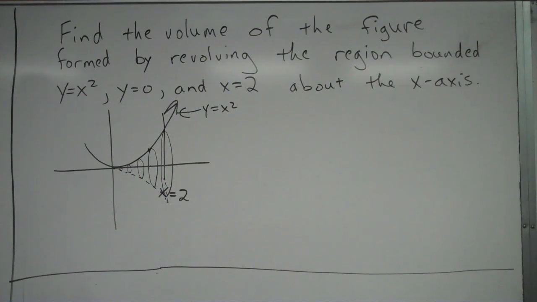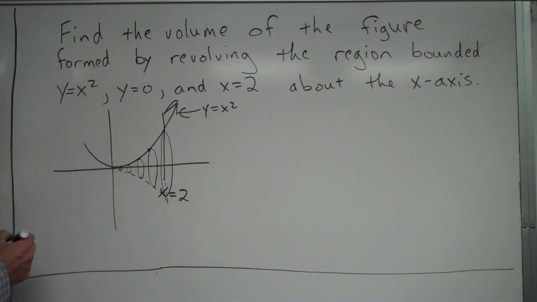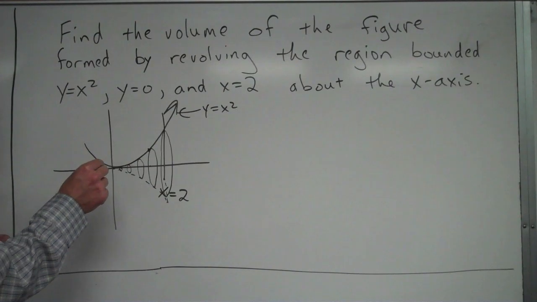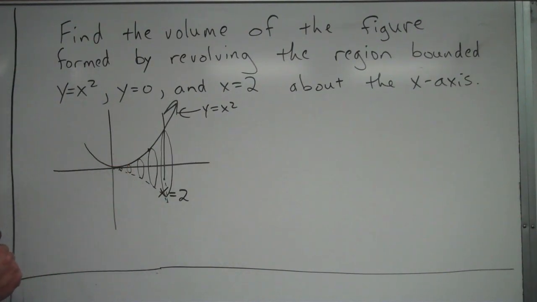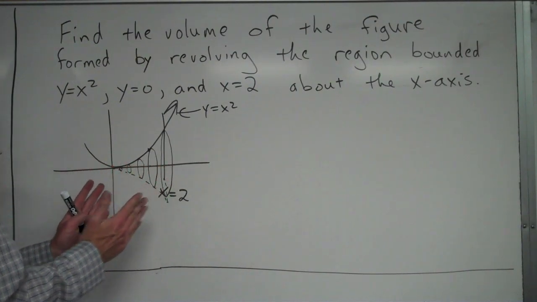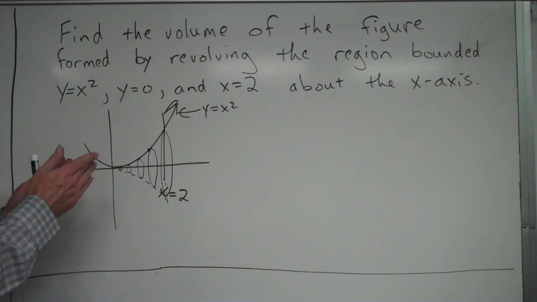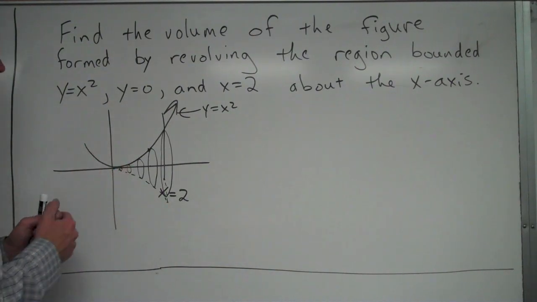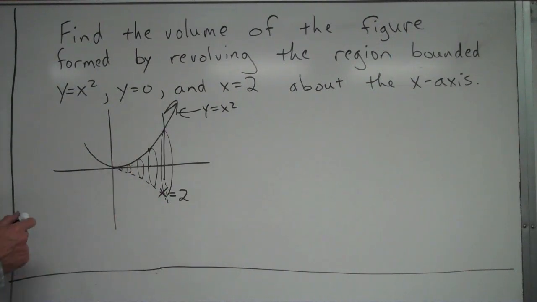So the thought process here is, all of these circles right here are infinitely small. And what the integral is basically going to do is add up these infinitely many small circles. The width of these circles is essentially 0, or approaching 0, and so the integral is going to add all of these up.